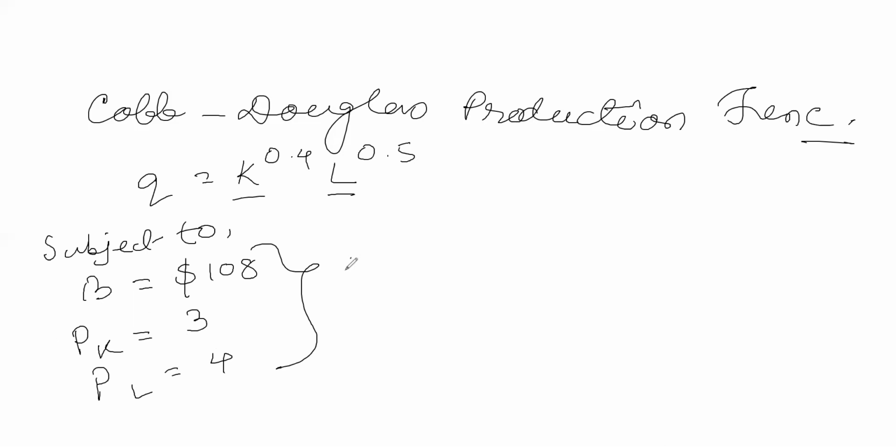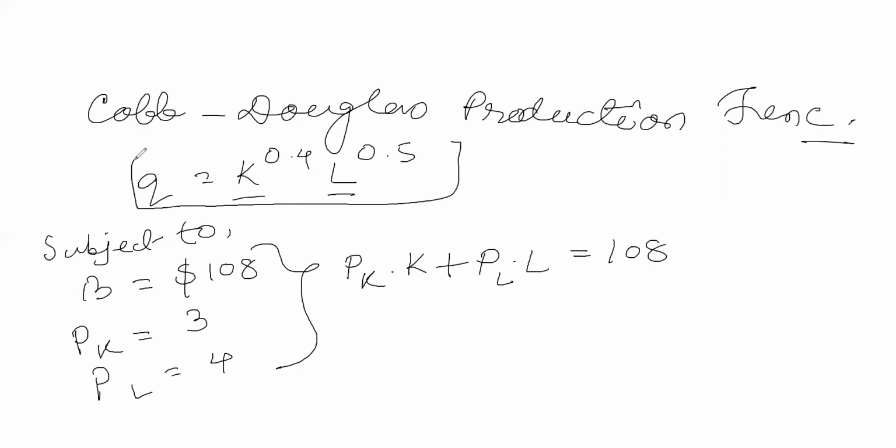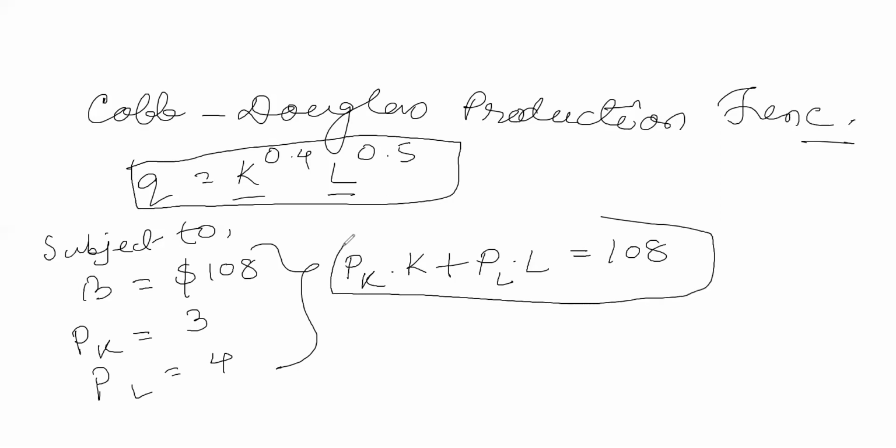Now we know that price of capital into the quantity we take and the price of labor and the number of laborers we hire, it is here basically faced with a constraint budget of 108. That's how this particular Cobb-Douglas function is basically subject to this constraint.